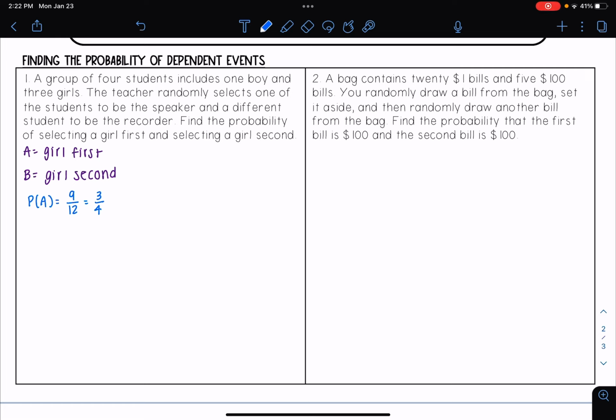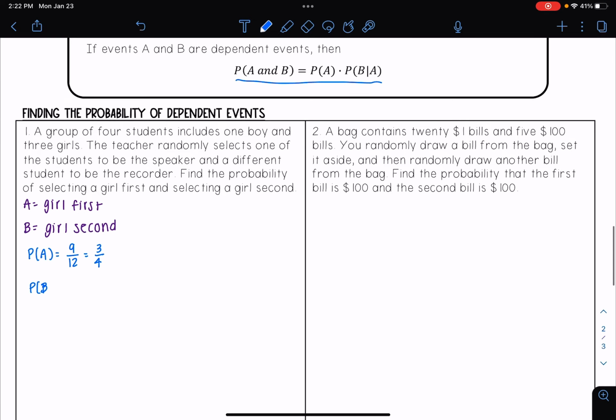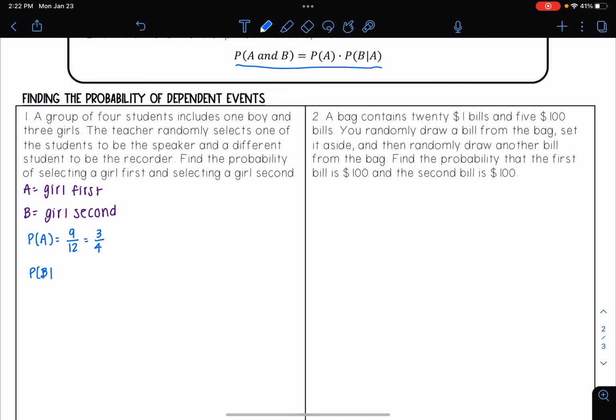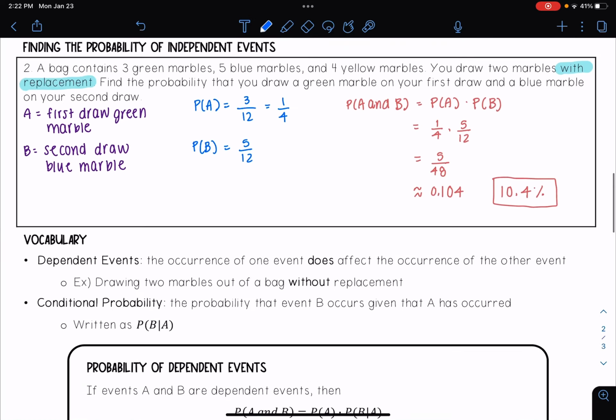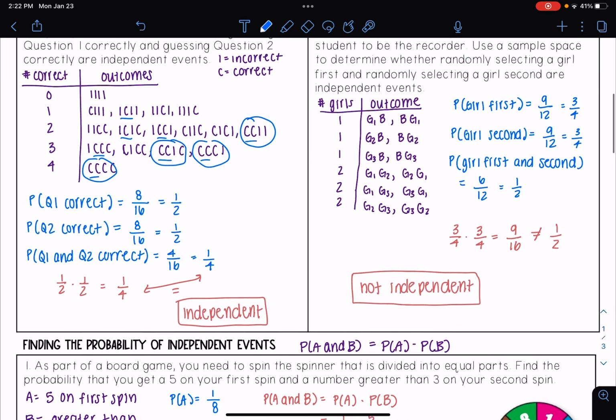And then I want to find the probability of B given A. So the probability that a girl is second given that a girl was chosen first.